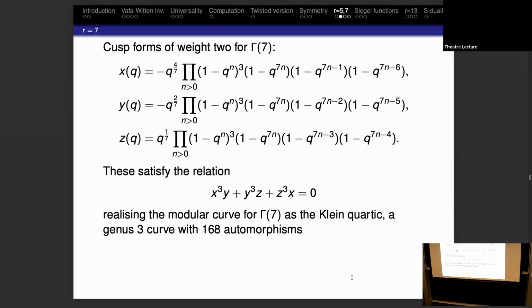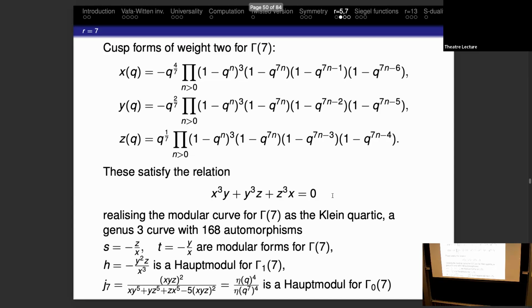So they are modular forms, not modular functions, and they satisfy this relation. You compute that this is 0. So this is the famous Klein quartic, which is a genus 3 curve with the maximal number of automorphisms, 168. And this is now realized as a modular curve like this.